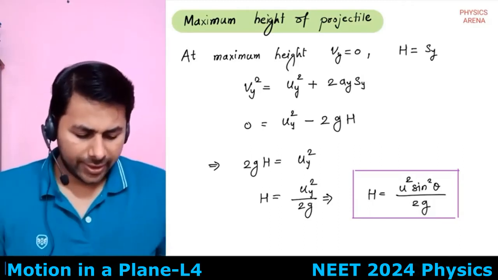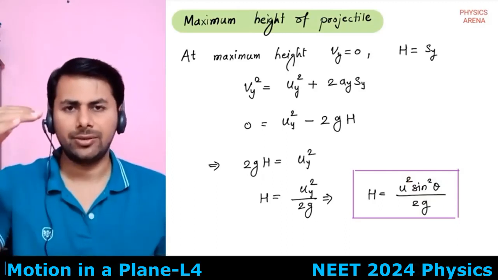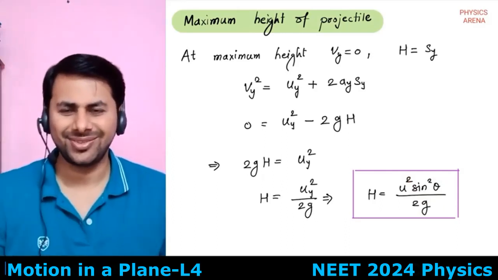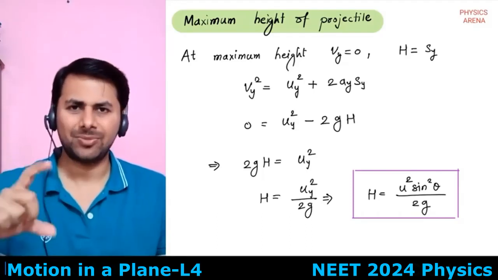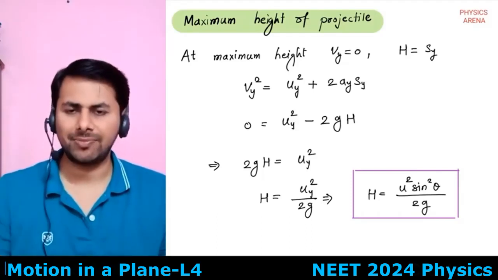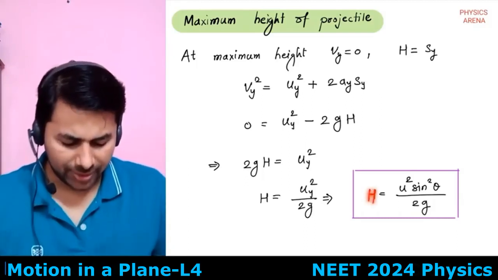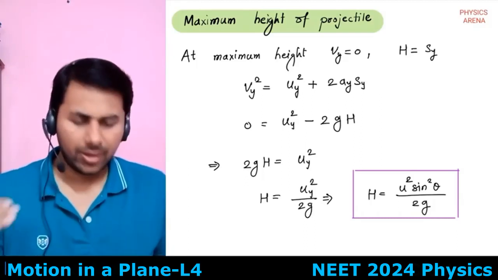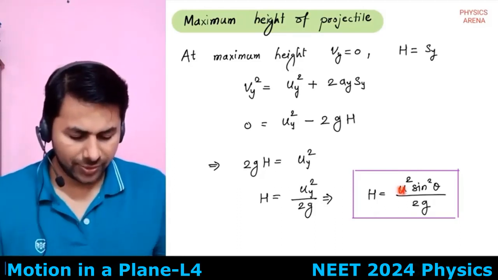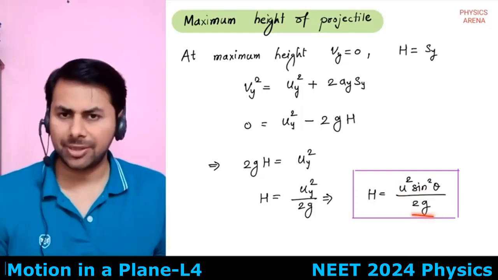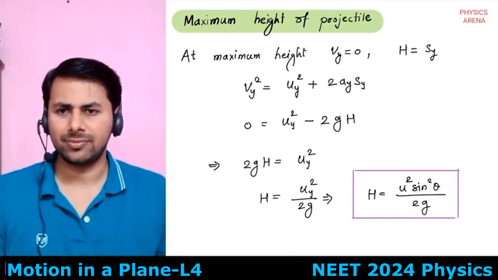Now, can you guess for which angle the height of the projectile motion will be maximum? This is the formula for the height attained in projectile motion: u square sine square theta divided by 2g. For which angle will it be maximum?